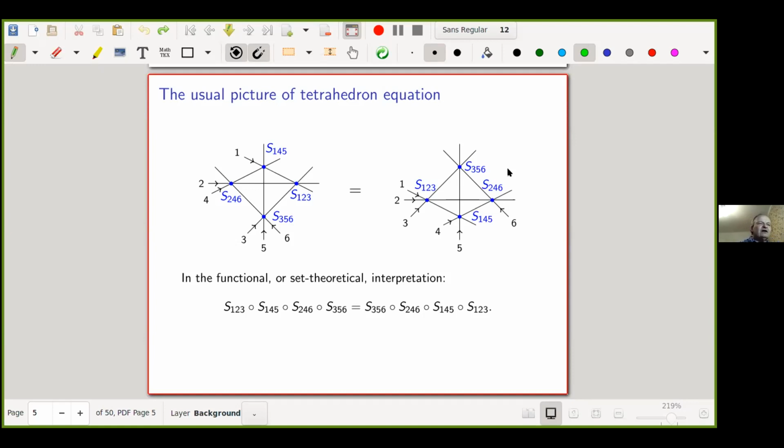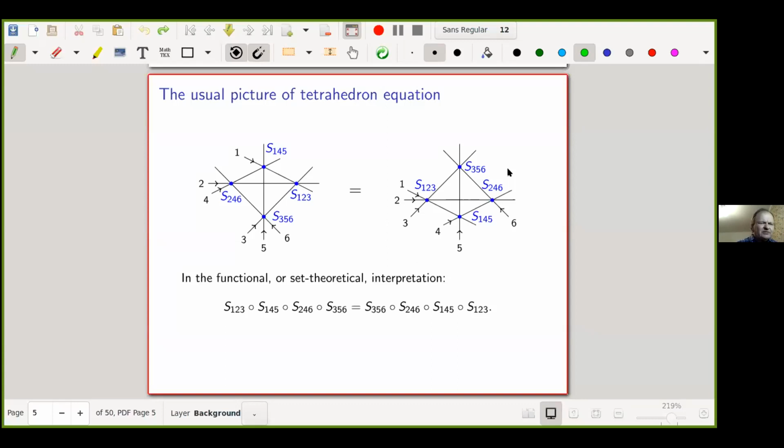Each of them acts on 3 of these 6 variables. I believe that everybody in my audience knows this very well. I just remind you of this standard picture about how they act and what the equation itself is.